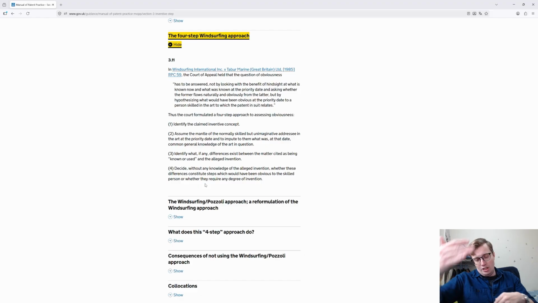In other words, we look at the inventive concept, we look at the prior art, and we look at the difference between the two, prior art here, inventive concept over here. So look at the difference and ask, what would the skilled person need to do to go from prior art to get to the inventive concept? What would that involve?